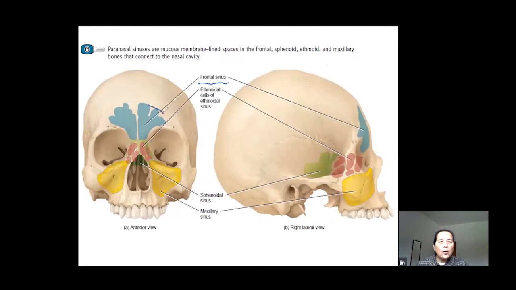In the frontal bone, we have 1 pair there, on both sides. Let's go to the side like this. And then we have another bigger one, in the maxillary bone, still more superficial. That's the location of the sinuses.